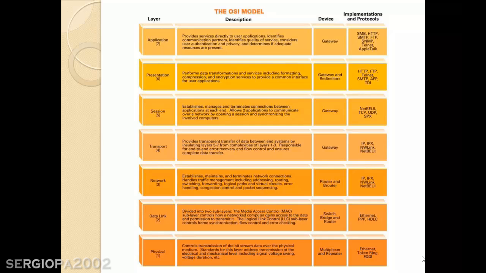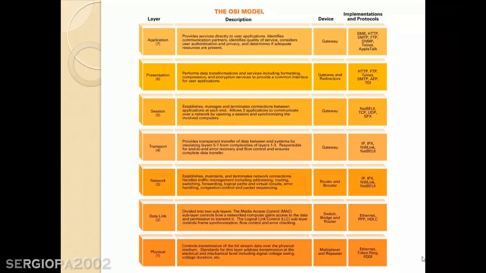The next layer is the transport layer, layer 4, and this provides transparent transfer of data between end systems, and insulates layers 5 to 7 from the complexities of layers 1 to 3. So it's responsible for end-to-end error recovery and flow control, and ensures complete data transfer. I'm just reading here, but it's the best explanation, really.